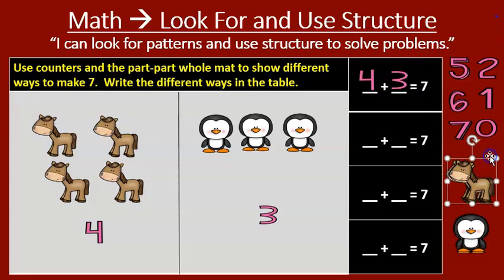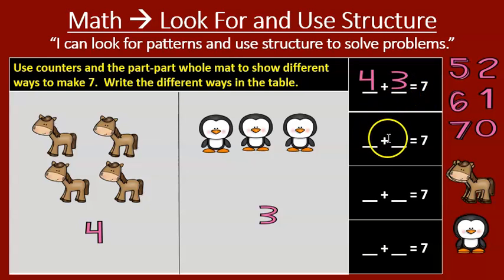Good job. Now look, our first addition equation for your homework is done. 4 plus 3 equals 7. I helped you with the first row here. You can use any number, okay, boys and girls? But they have to equal 7 here.